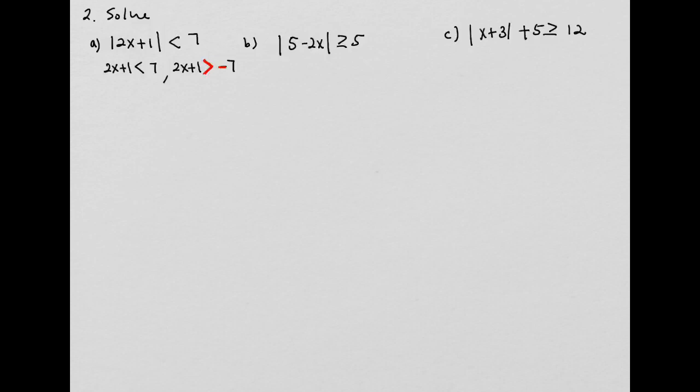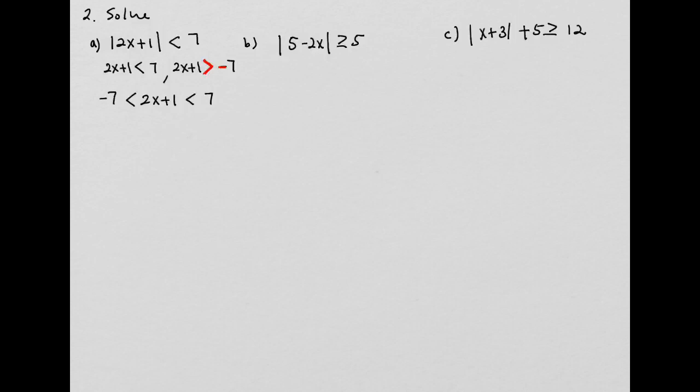If you don't want to work it as 2 inequalities, then you can also make it a compound inequality, which you're going to write with 2x in the middle, and then we had less than 7, and this is greater than negative 7.